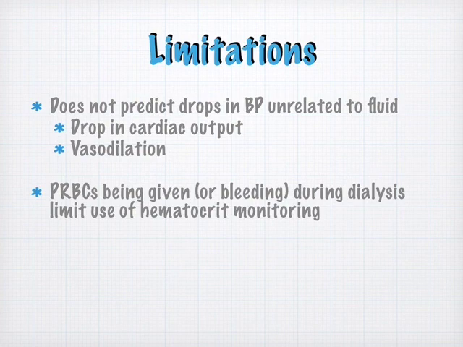So you can't look then at hematocrit as being only going up and down related to dilution, because the reason that the hematocrit monitor is working the way that it does is because it's looking at dilution to determine whether the person's getting drier or wetter. And clearly that's not what you're interpreting when you have packed red cells or you have bleeding with your patient.